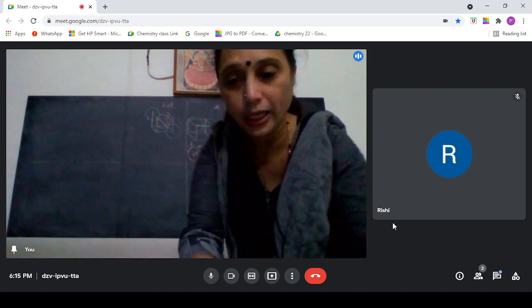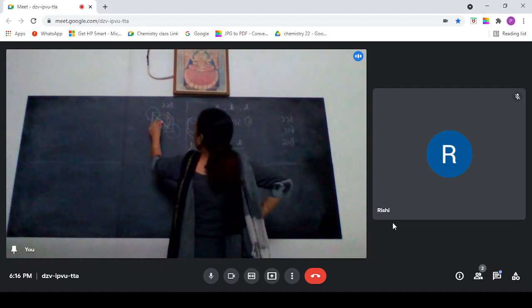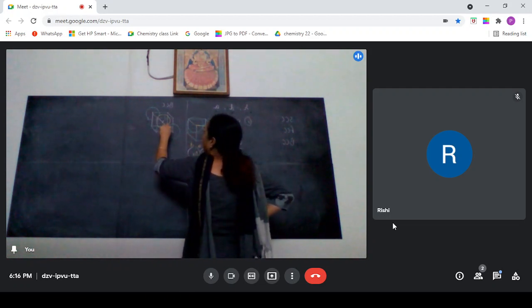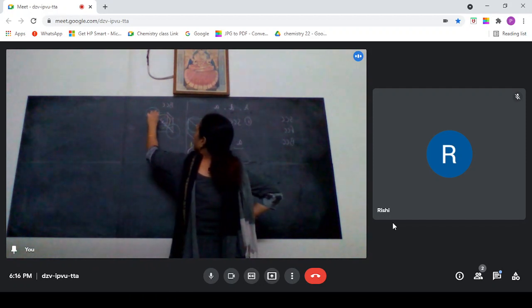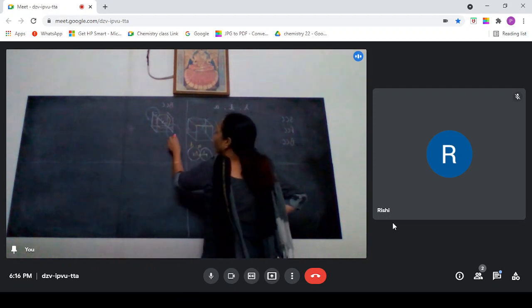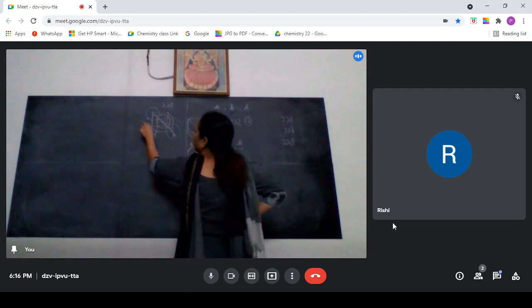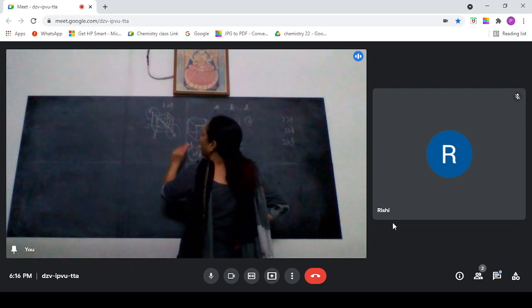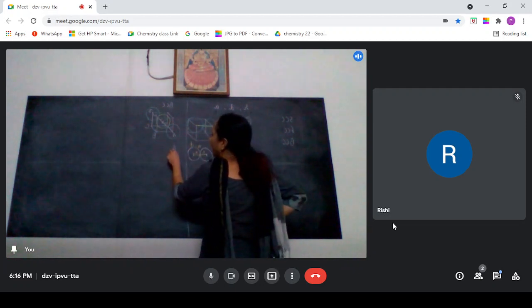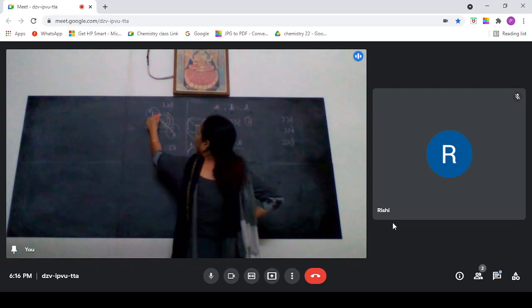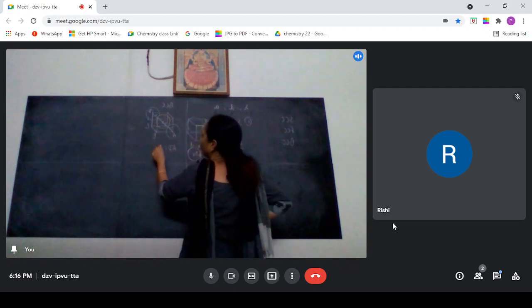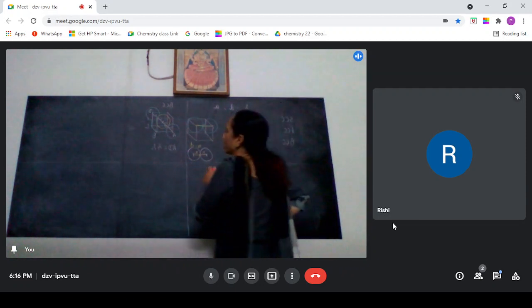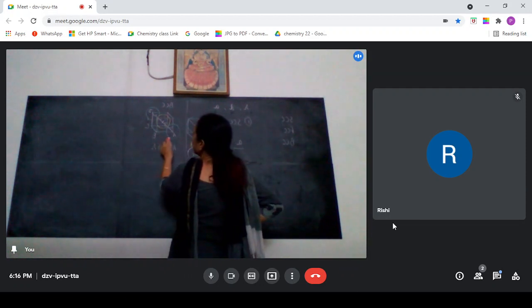Now, if you say this is the center point, this is R, this is R, this is R, and this is R. If you have points A, B, C and D, AD is equal to 4R. Now, this distance is A.